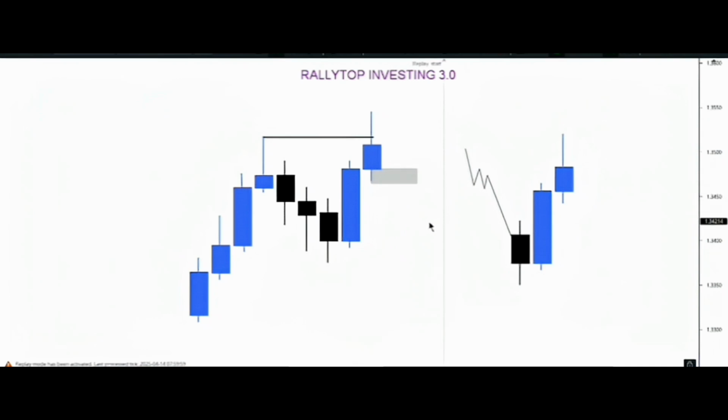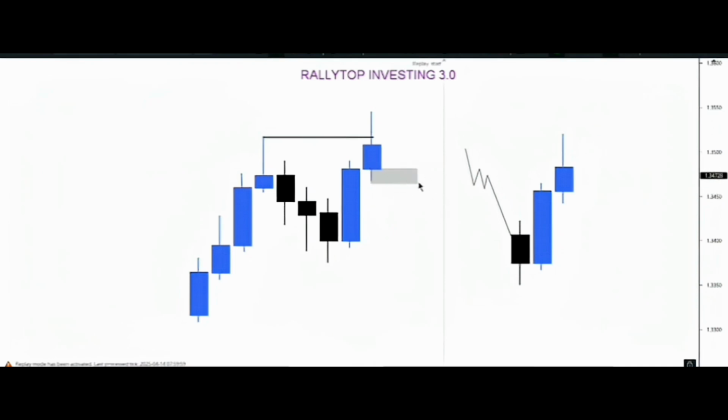Simple. It does not matter whether price closes above or wicked this structure high. Once you mark that on your higher time frame, like the 1H or the daily time frame, then you scale down to the 5M or the 1M. So on the 1M, what you are going to be waiting for is for price to come back to tap into this zone.